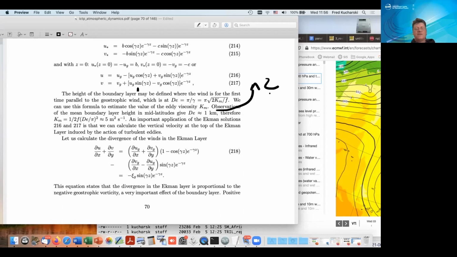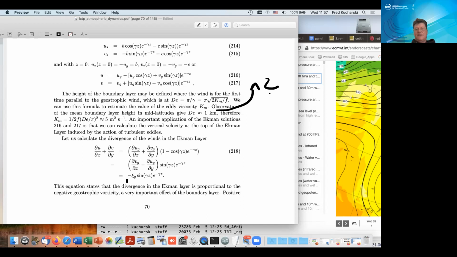If you do this using this solution, you can work out that there's one part proportional to the divergence of the geostrophic wind, and one part proportional to the vorticity of the geostrophic wind. Now, the divergence of the geostrophic wind, as we defined it, is always zero. This was the trick.